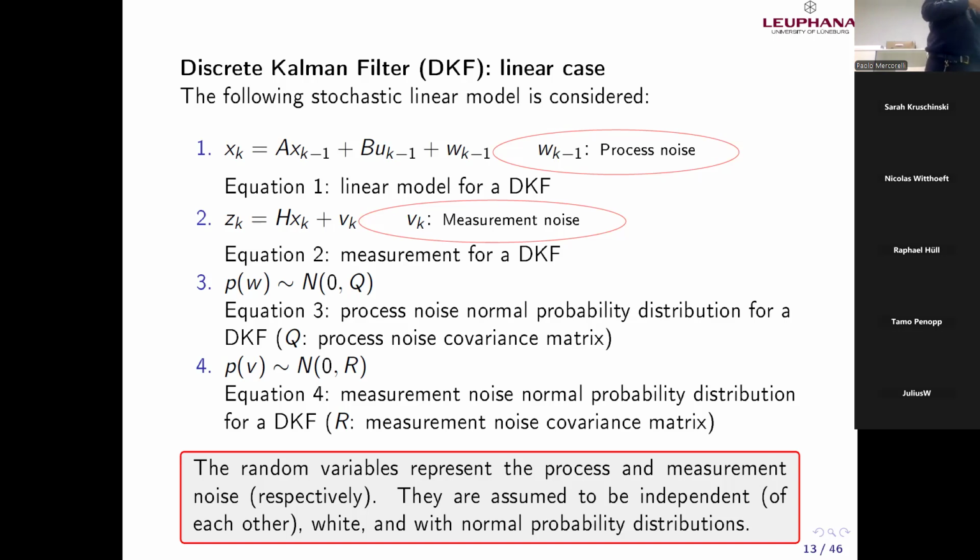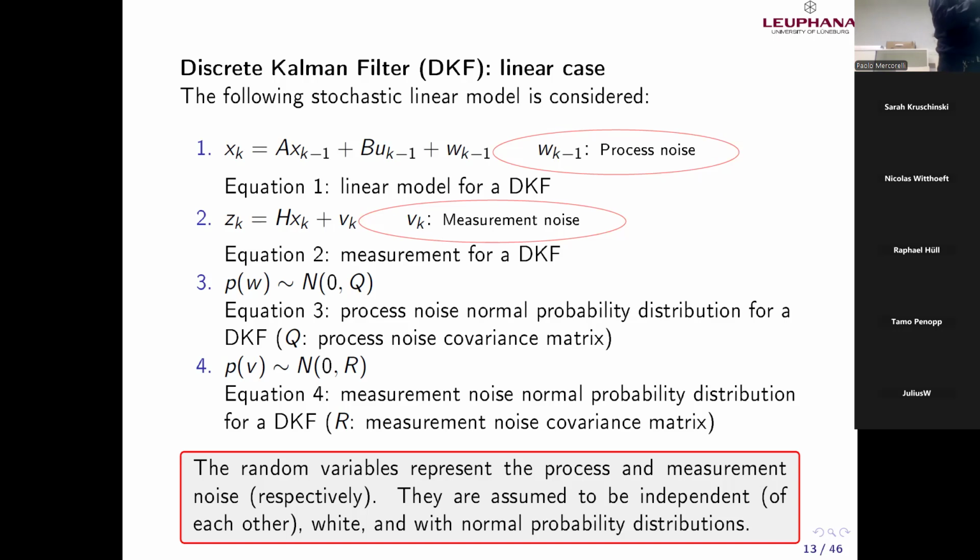Look at the characteristics of this W and V. We can see that the probability density of W is the normal distribution with mean value, expected value 0, and variance Q. Really, we cannot speak about the variance because we have more than one variable.